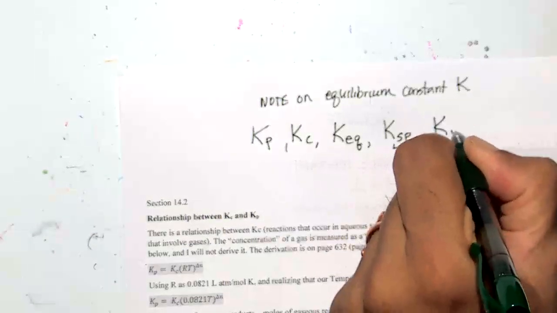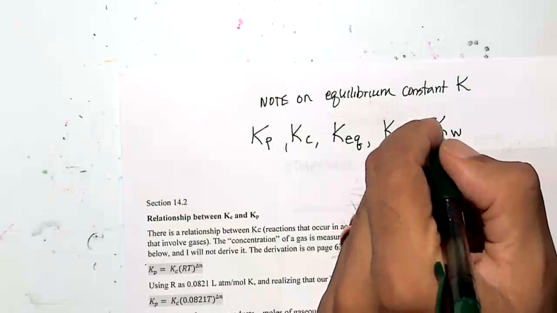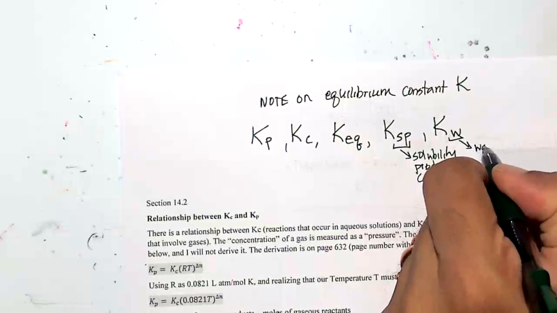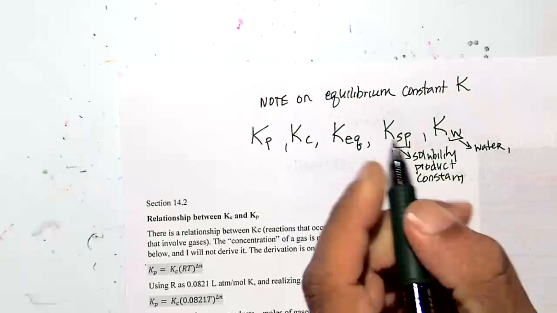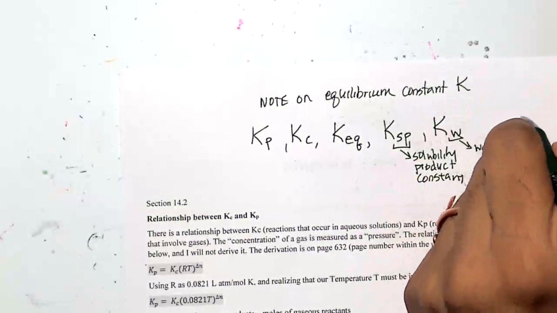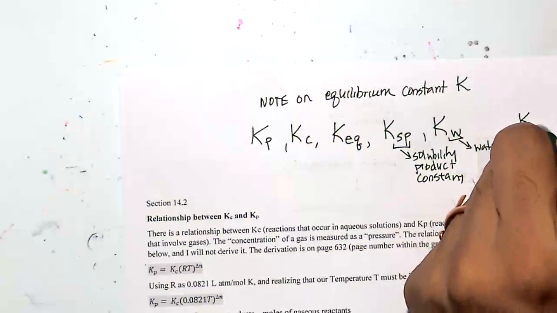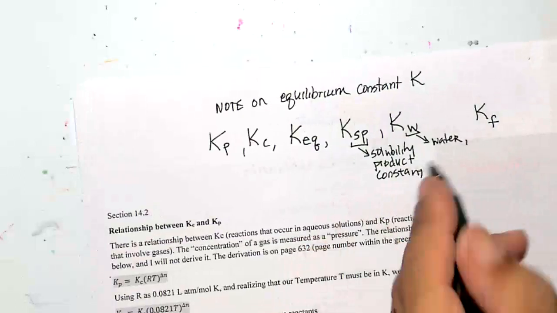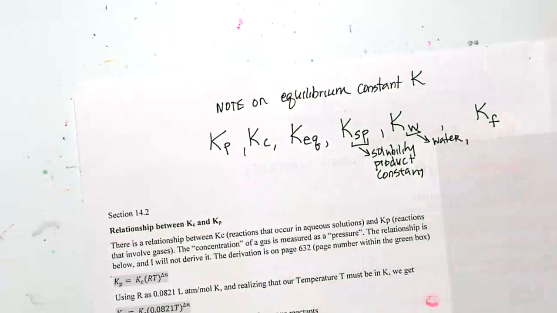There's a Kw, that W stands for water. Yes, water is in an equilibrium with acid and base. So there's a whole different bunch of Ks. There's something we will not talk about, Kf, which is formation of complex ions.